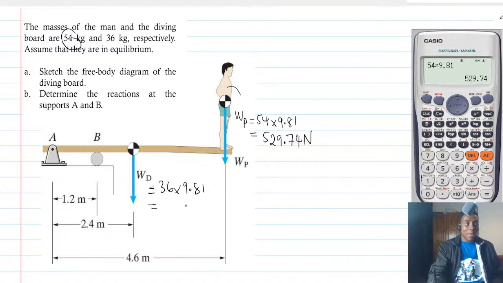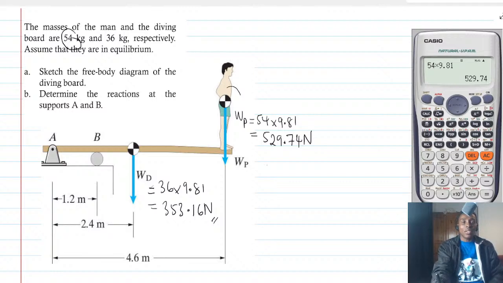So 36 multiplied by 9.81, that's going to give me 353.16 newtons. Okay, so basically, this is the weight of the driving board, and this is the weight of the man. Is that right? Okay. So now this is what we have to do.